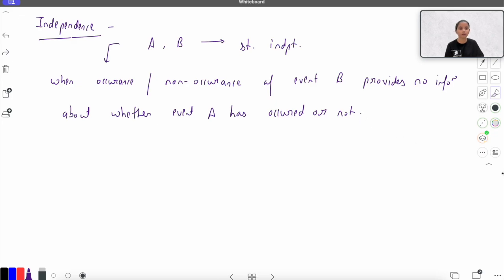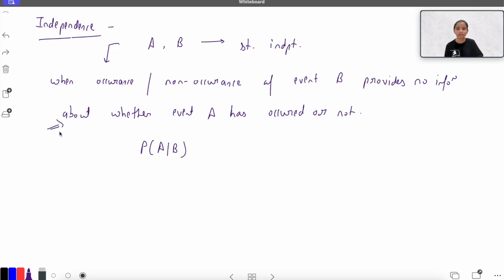So if B has occurred but it does not provide any evidence that A will also occur. When we talk about conditional probability, probability of A given B is the probability of occurrence of A when B has already happened.